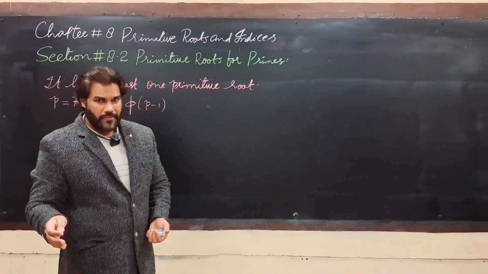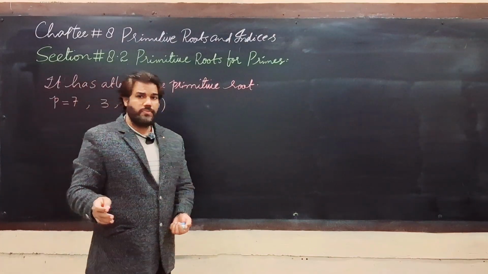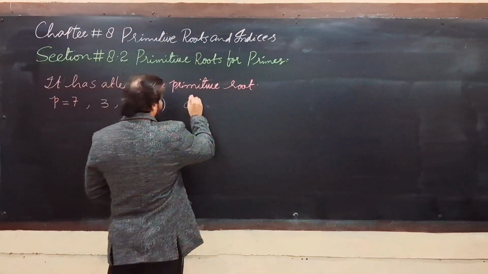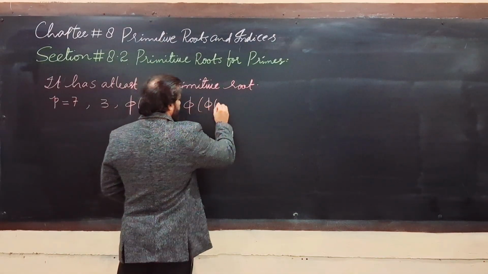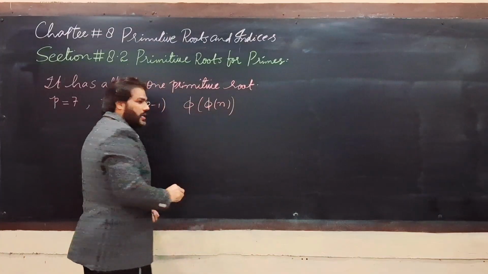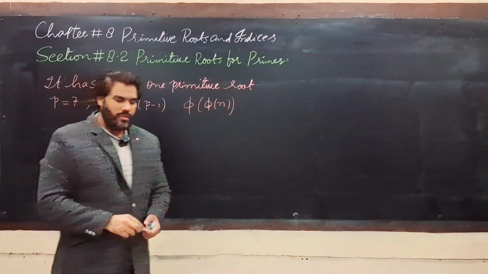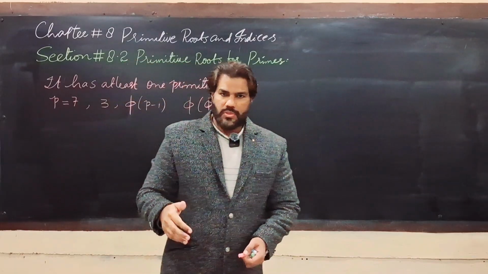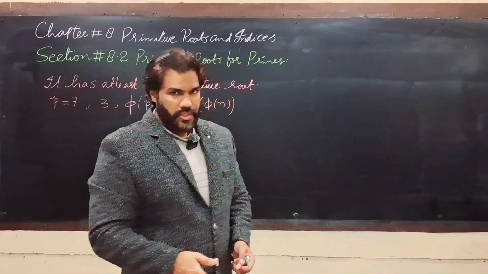For any integer n, either prime or composite, the total number of primitive roots is given by the formula phi of n, where phi is the Euler totient function that gives the number of all positive integers which are relatively prime to n and less than n.